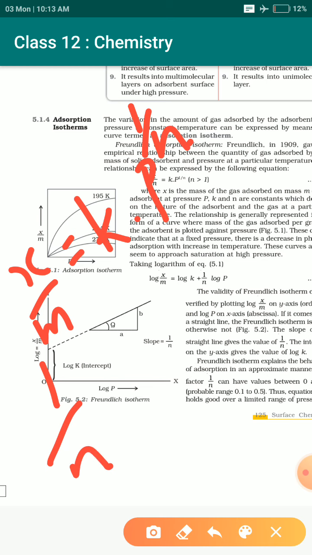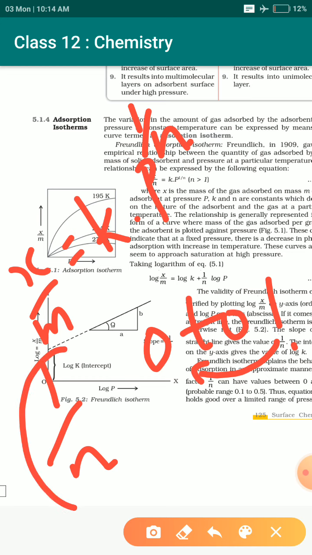The value of 1 by n actually can vary between 0 to 1. Right, if you take n equals 1, it will be 1. And if you put higher values for n, 2, 3, 4, 5, it will go from 1 to 0 also. But it will not go less than 0, right? So the value of 1 by n can range from 0 to 1.